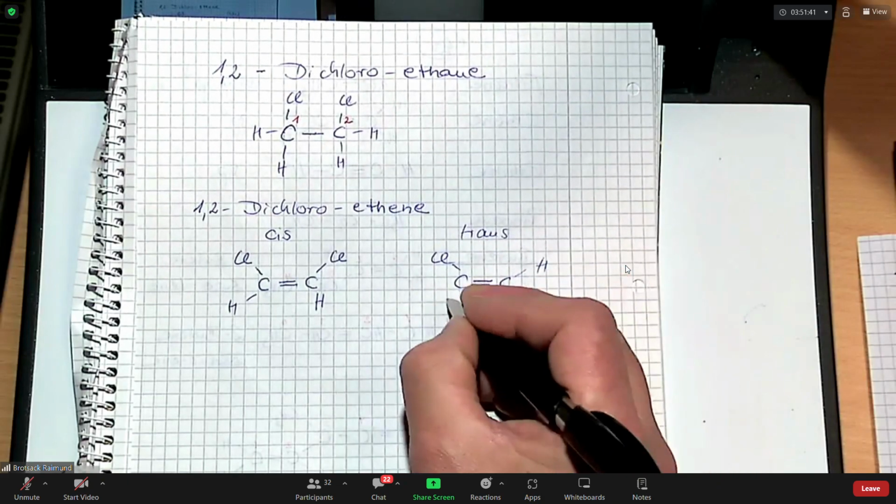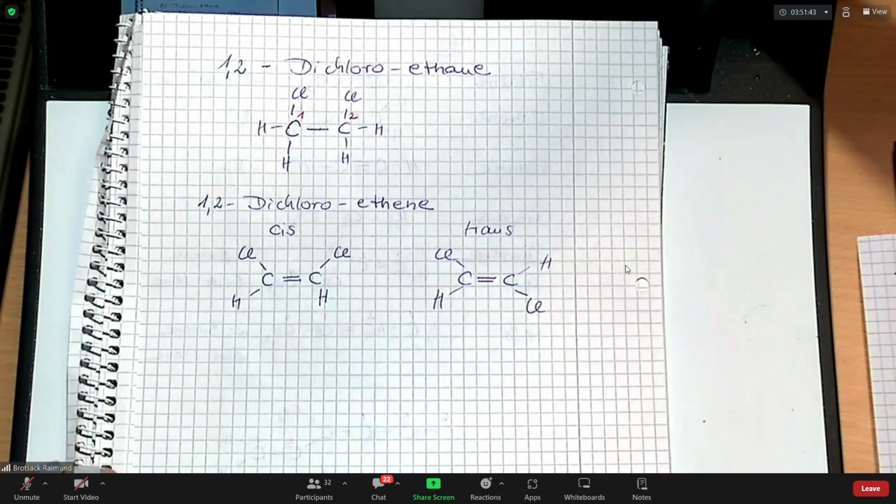So these are two different molecules, because we can't rotate with a double bond which fixes the rotation. If you remember the overlapping p orbitals, if we rotate them, the bond will be cracked. So there is no rotation. These are two different molecules.